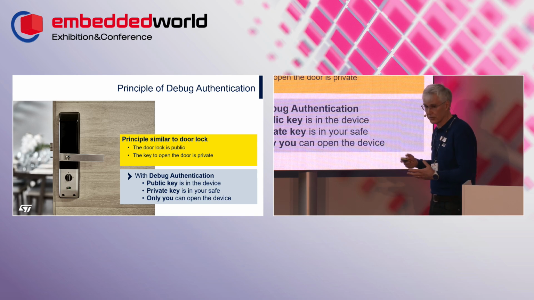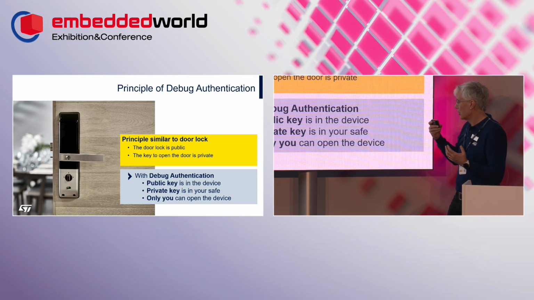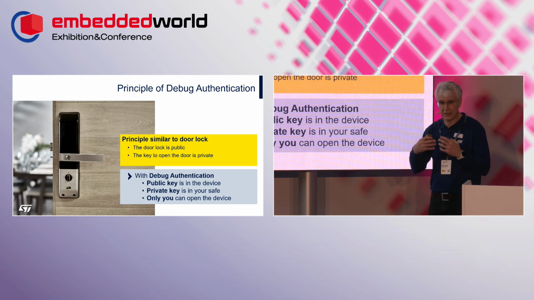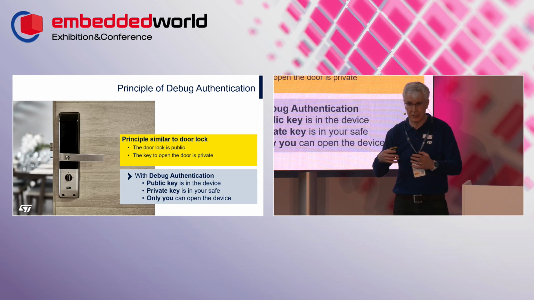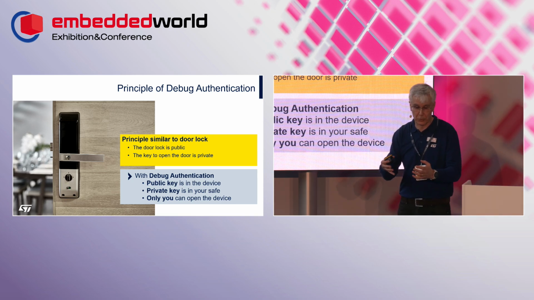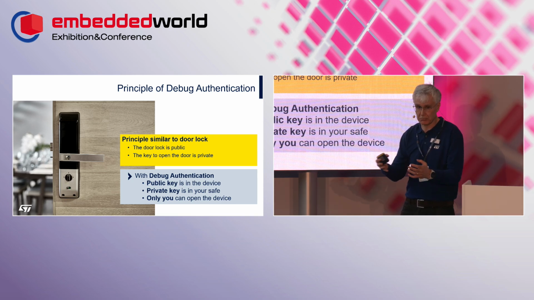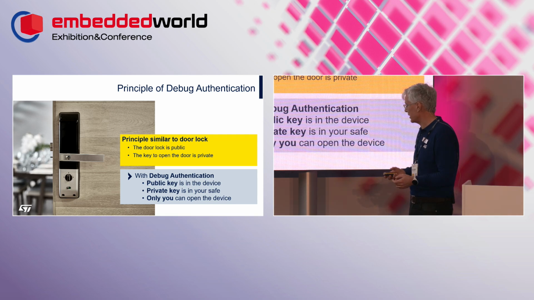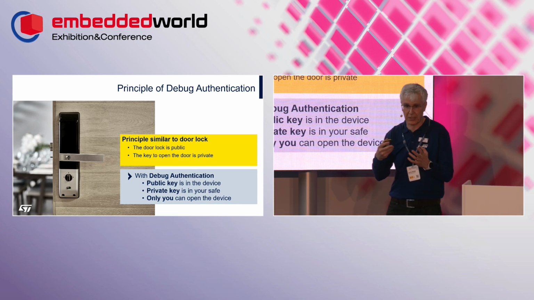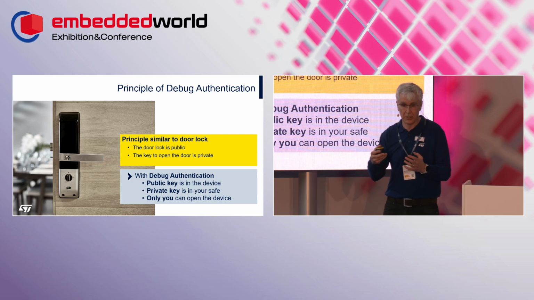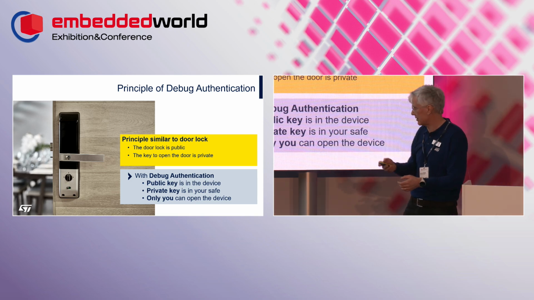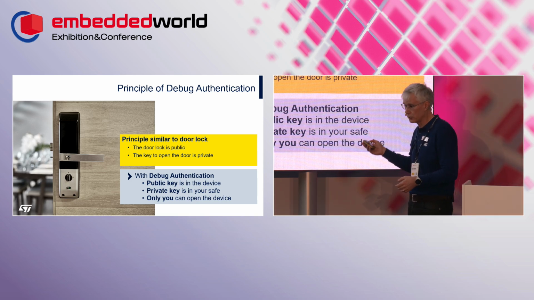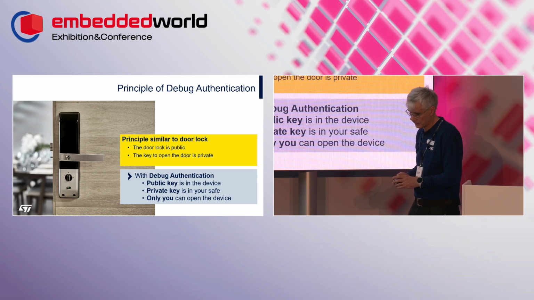With debug authentication, we have a public key that is inside the device. The public key is what is public, what you can access. The private key is in your safe at your premises, and will help you to reopen the device later. And only you can open the device.